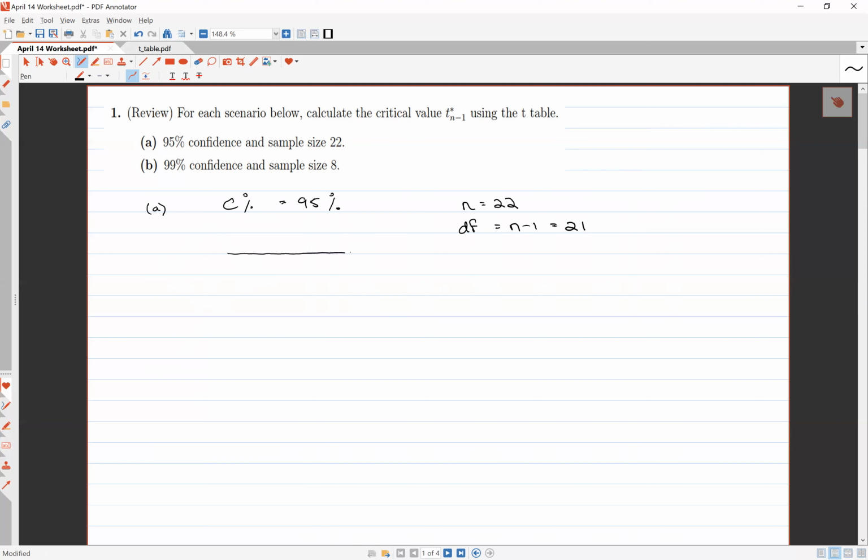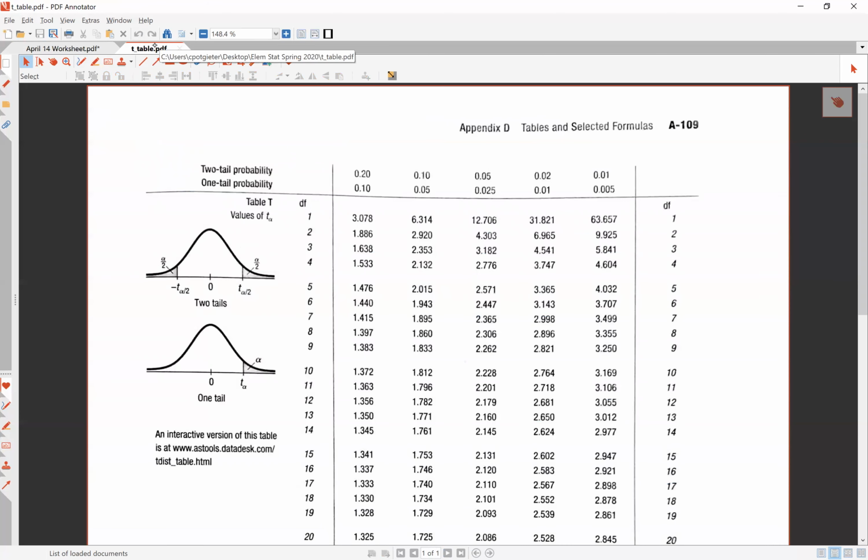And then secondly, what we have to figure out is whether to work with it one-sided, what alpha label to use. If I flip back over to the table, you'll see it refers here to t sub alpha, and it talks about two-tail or one-tailed probability.